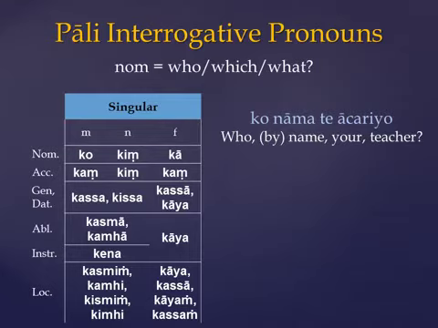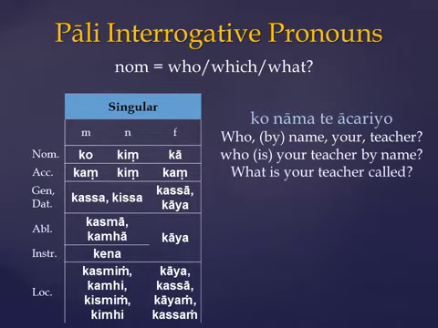And we know that two words in nominative case in Pali can imply a linking verb, is, connecting the two. If we take te as a possessive pronoun, we get who is your teacher, while the word nama is actually an old accusative form, meaning literally by name. So who is your teacher by name? Or more simply, what is your teacher called?